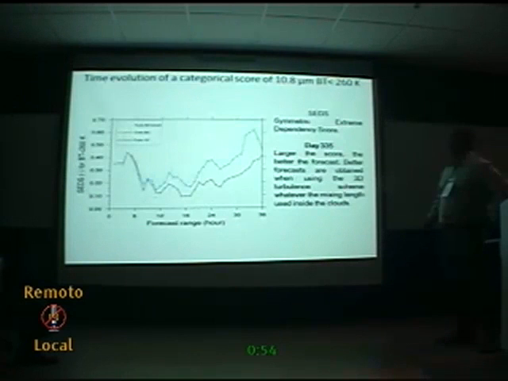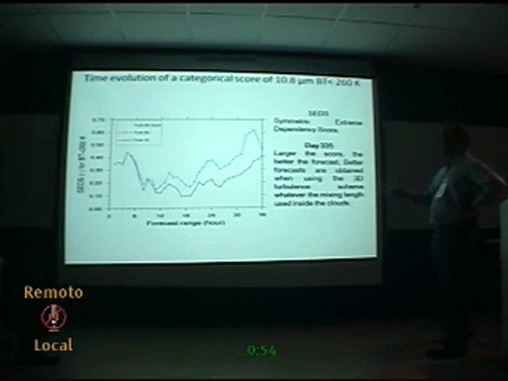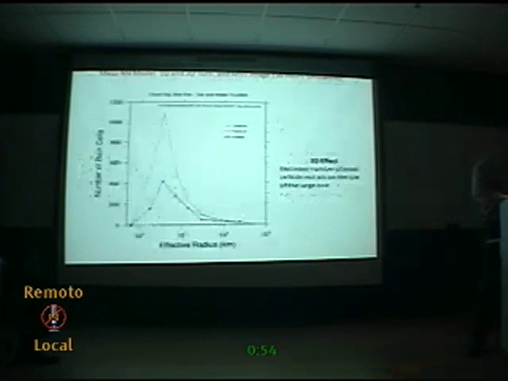And here is the skill of the model using the symmetric stream dependence score for 3D. Here we also simulate different mixing layers inside the clouds in the turbulence, 1 and 3. There is not too much change from the mixed layer inside the turbulence, but the skill of the model increases with time with the use of 3 dimensions.